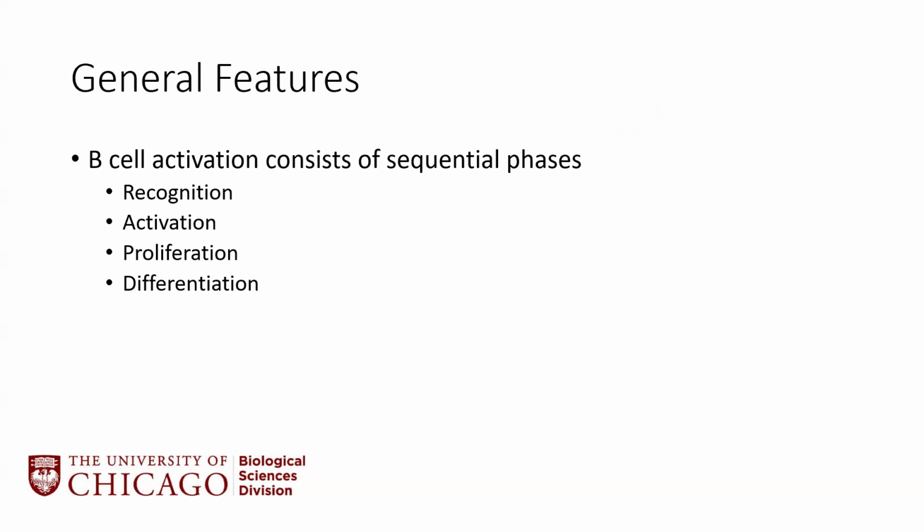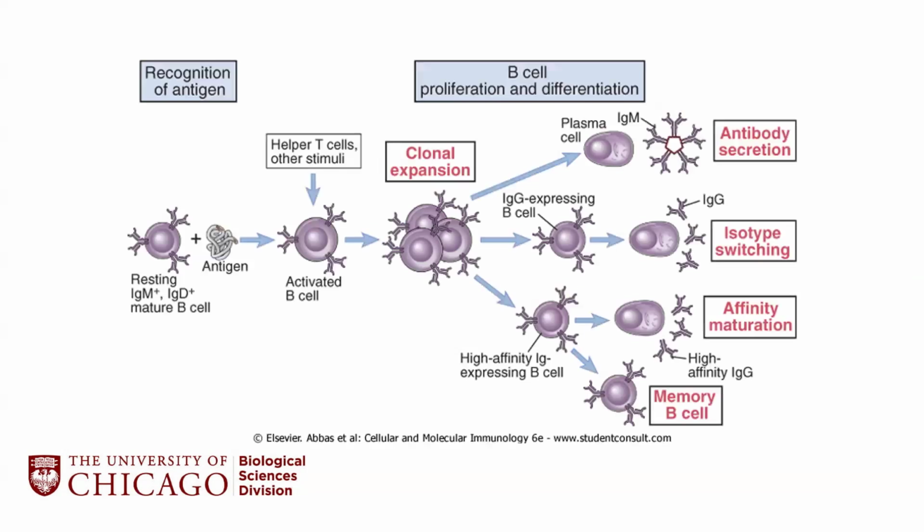So B cell activation consists of first recognition, of course, then activation, and then proliferation and differentiation. This is a good picture of exactly what happens. You have your antigen and your resting B cell.